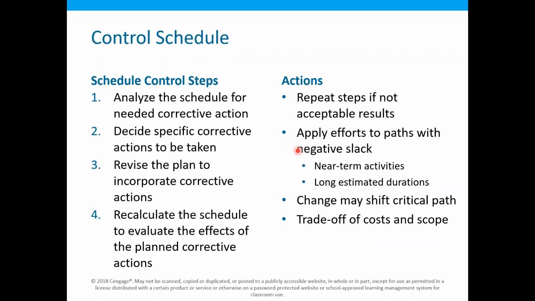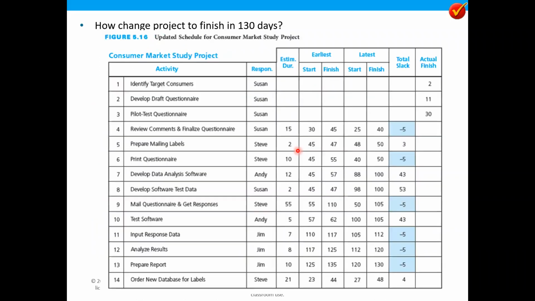Similarly, some other corrective actions can be taken, and the project can be changed to finish in 130 days. One of the changes recommended earlier was to mail the questionnaire and get the responses, and then the total slack for that project may be reduced.